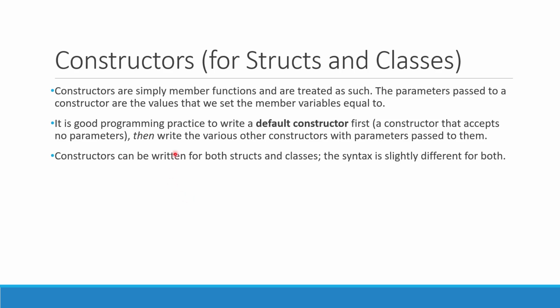And then we would just use lines of code to initialize each individual member variable. This will make more sense when we demonstrate it. And then after we write the default constructor, we write the various other constructors that have parameters passed to them. And another note, constructors can be written for both structs and classes. The only difference is the syntax. It's slightly different for both.